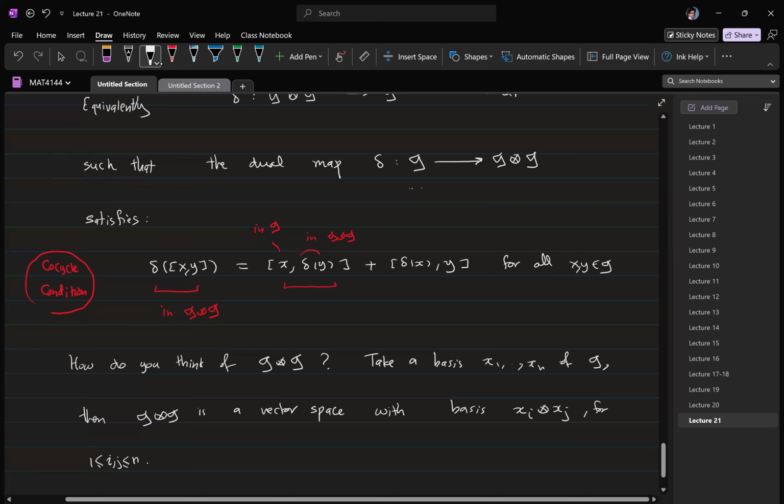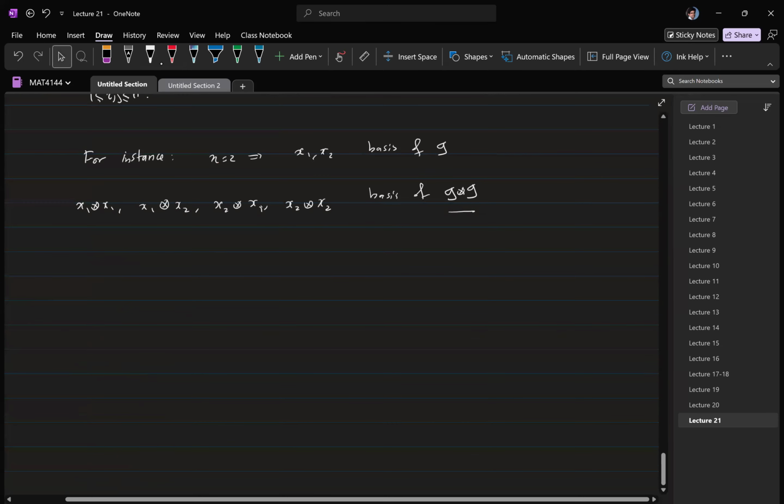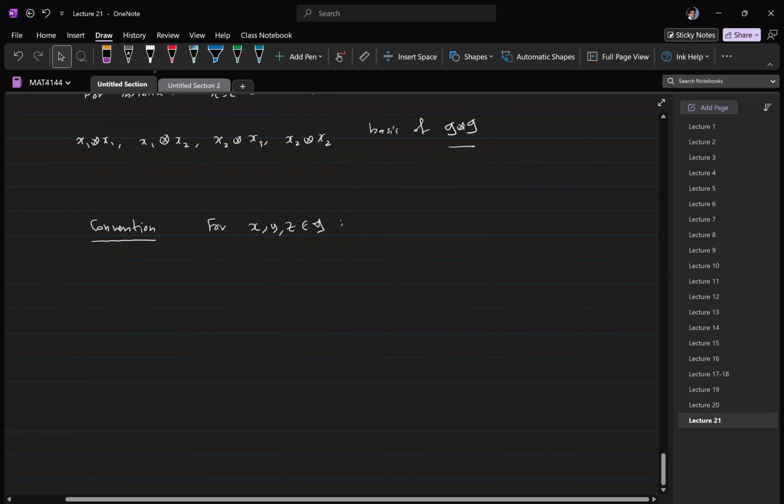By this, I mean, here's some convention. For x, y, and z in G, the bracket of x with y tensor z, I define by the Leibniz rule.